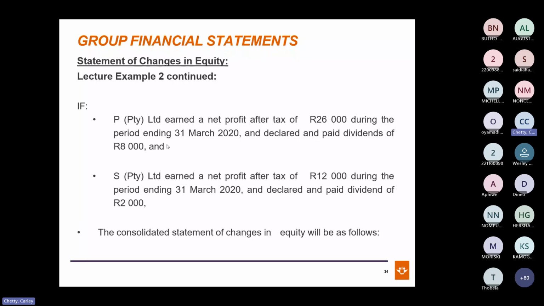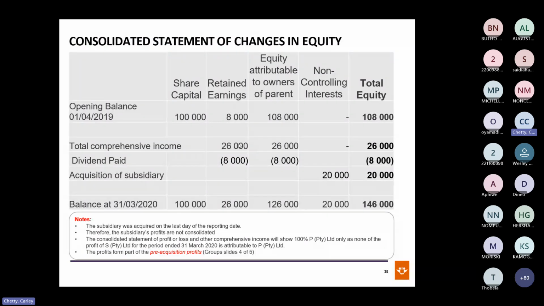So total comprehensive income is 26,000 Rand. The dividend paid is 8,000 Rand. If we work backwards, take the 26,000 plus the dividend paid minus the total comprehensive income, that will give us the opening balance on retained earnings. So this is the share capital and retained earnings of the parent.